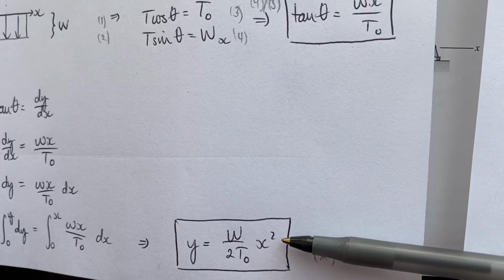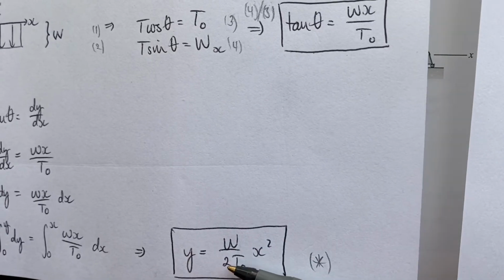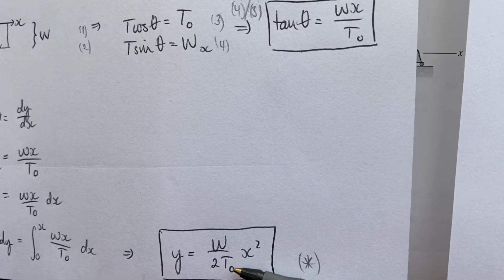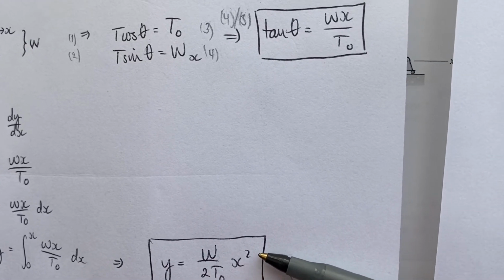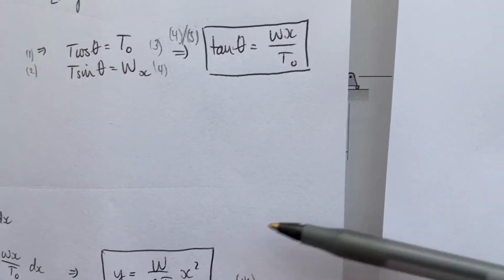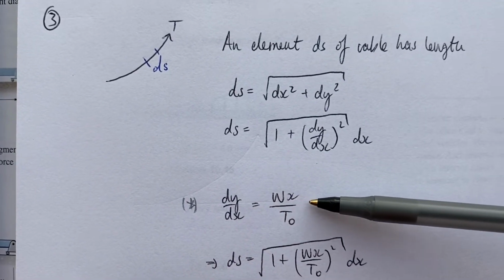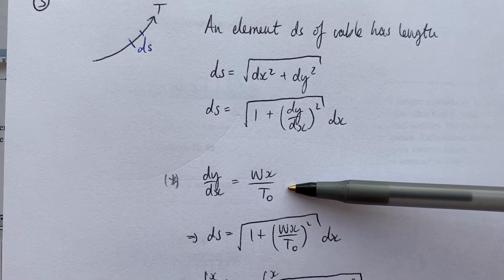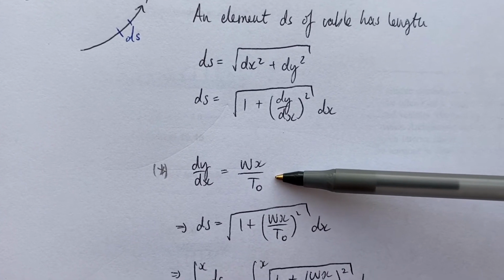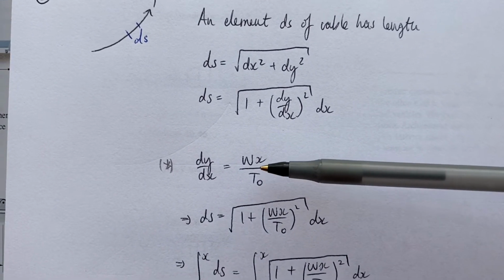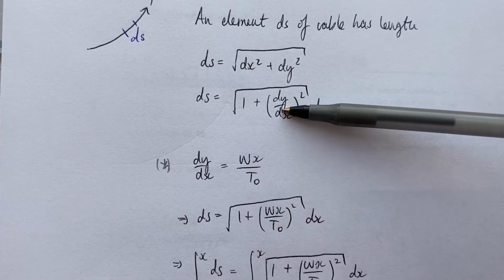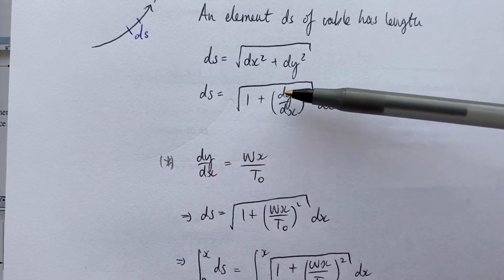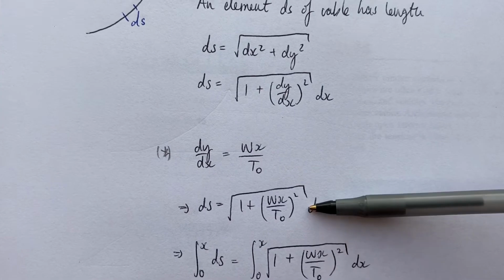So I've used that. So if y is equal to w over 2t0 times x squared, then I can differentiate that like that, and then I can plug this equation into this equation. So I just replace dy by dx into here to get this equation.